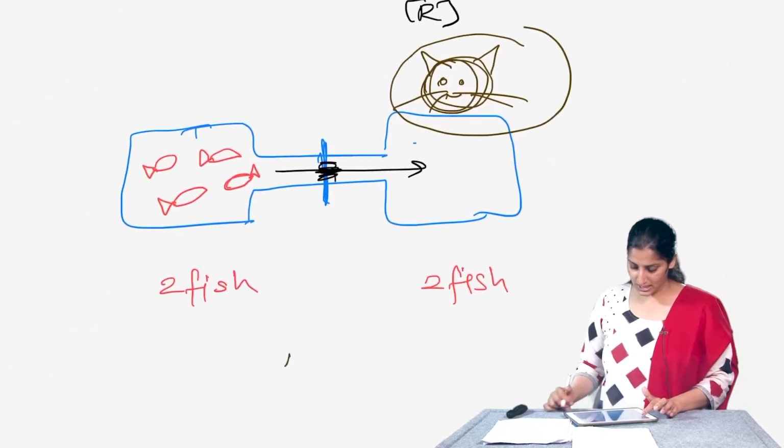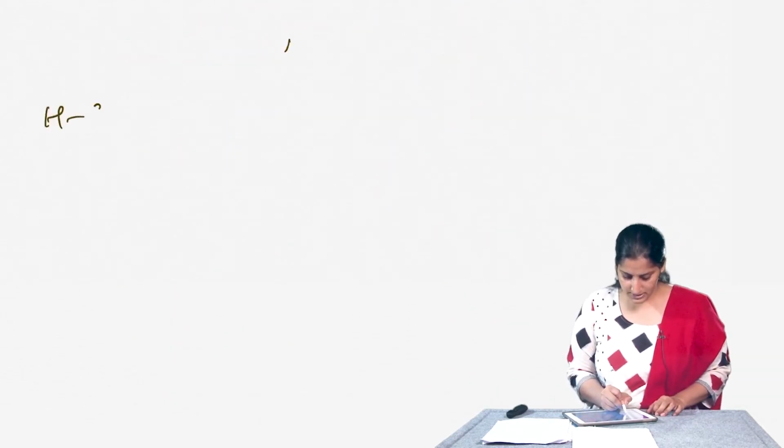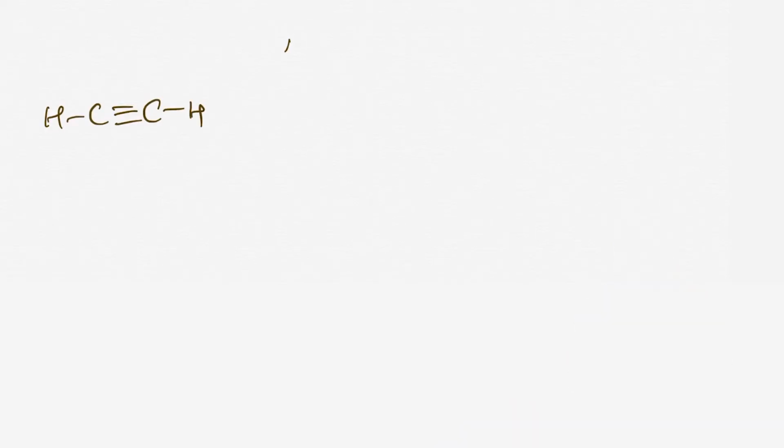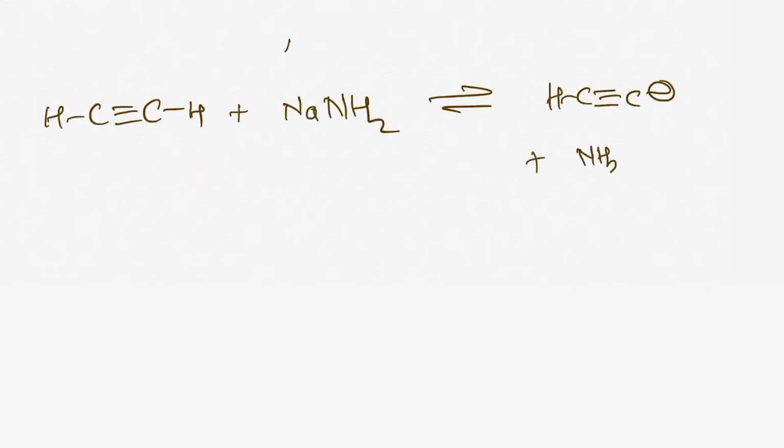So, let us take this particular example here. I am going to take the same starting molecule and react it with NaNH2. So, instead of using NaOH, we are going to use NaNH2. What do I form? I form this plus NH3, right, because NaNH2 is nothing but Na plus NH2 minus.